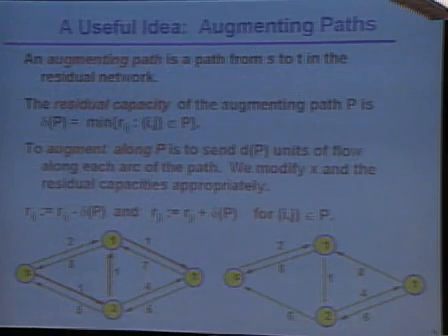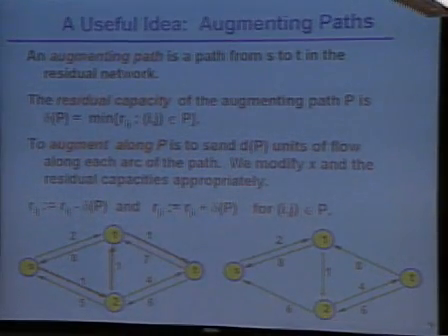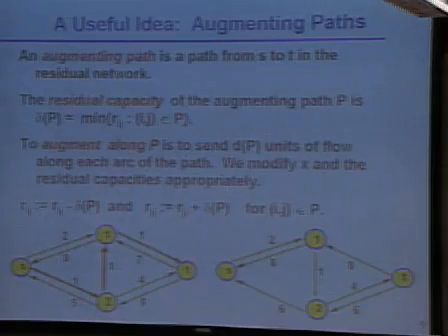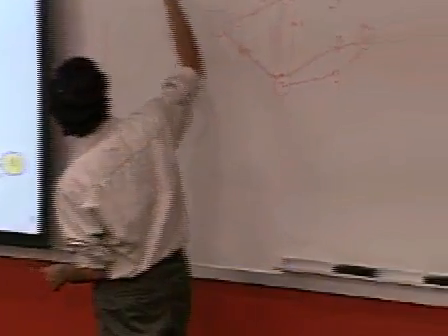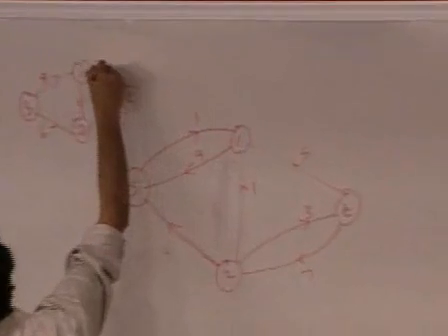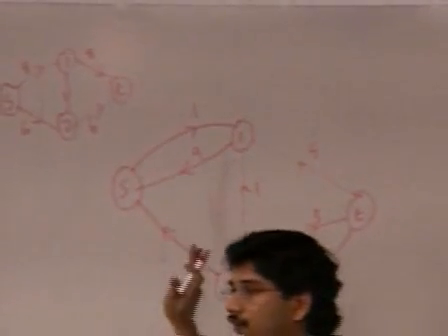There are 6 units here, 8 units here, 8 units here, and 6 units here. That's the current flow.